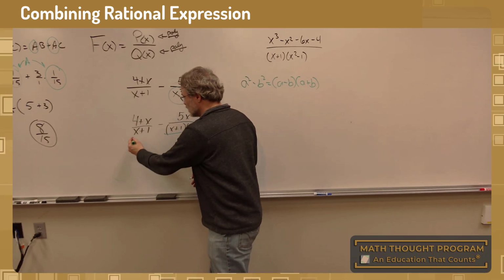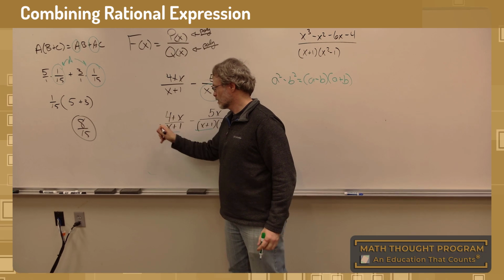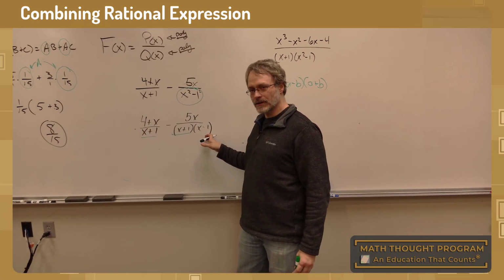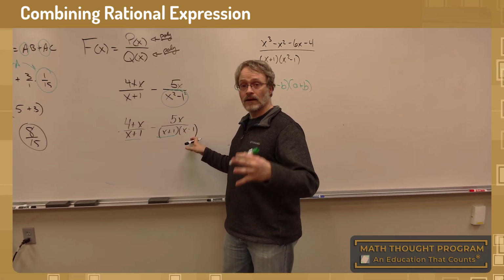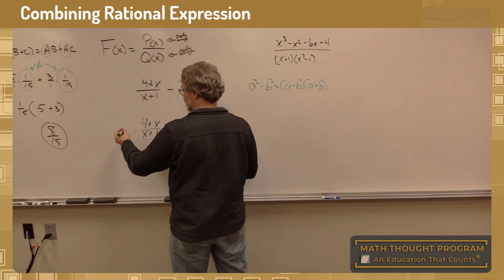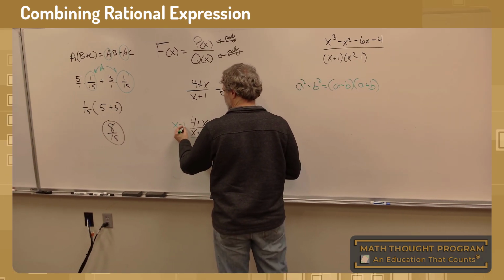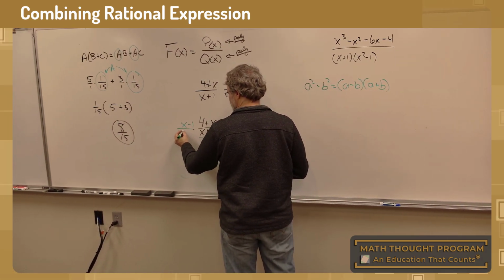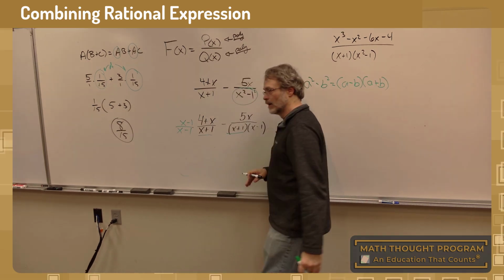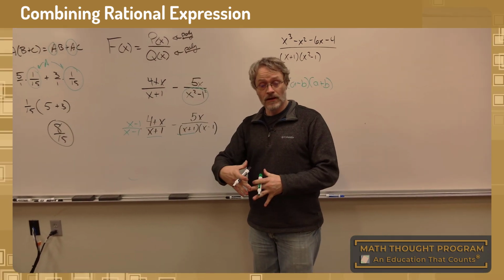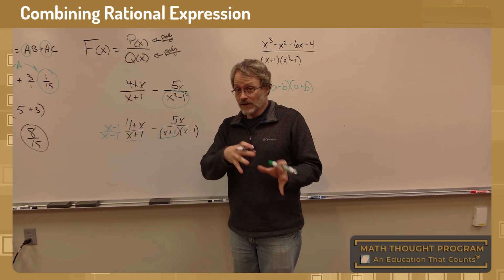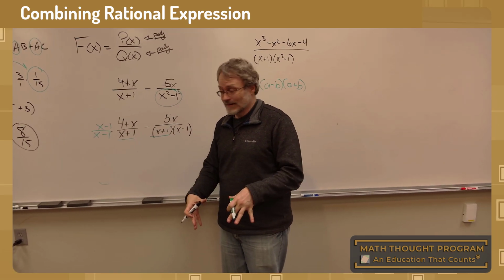Well, what I really need over here is to multiply by 1. And the way they want to write the 1 is x minus 1 over x minus 1. Now, when I multiply through, my denominators are the same.